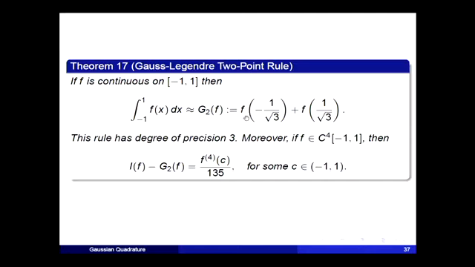It approximates by the value of the function at -1 over root 3 plus 1 over root 3. And we showed that it has degree of precision 3, yeah? And then the error will depend on the 4th derivative of the function.